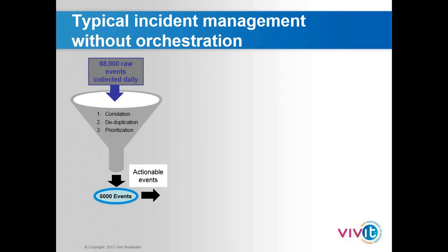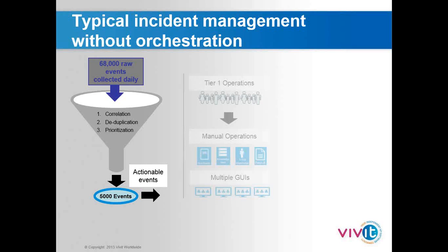The incident management tool would do the correlation, deduplication, and prioritization of those tasks, resulting in a fewer number of actionable events available for the IT staff. Now, the IT staff, according to this picture, would be focusing on approximately 5,000 events rather than close to 70,000 events, drastically reducing the number of events which the IT management staff would have to focus and act upon.